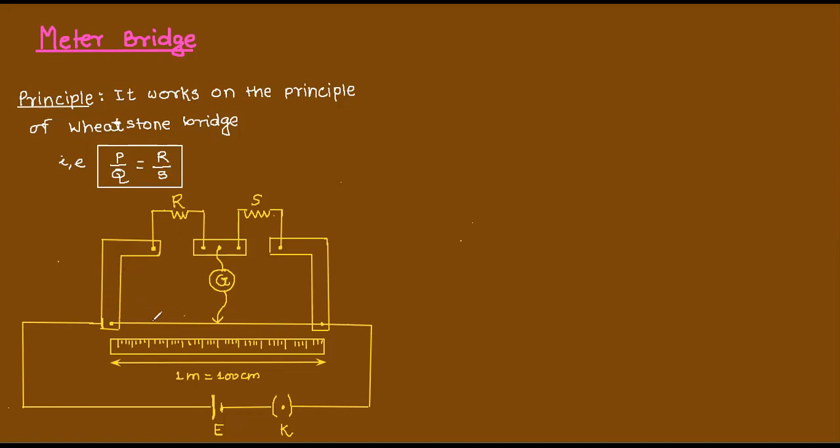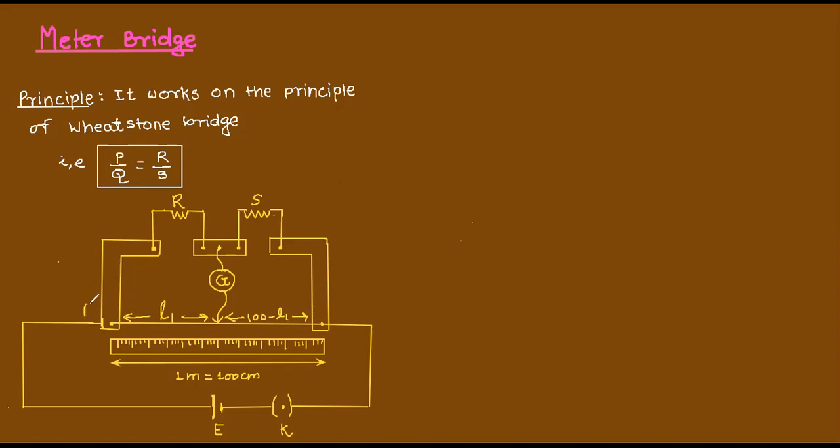From this point to this point you have length L1. And this side to this side is 100 minus L1 in centimeter, that is L2. Let's give some names now.